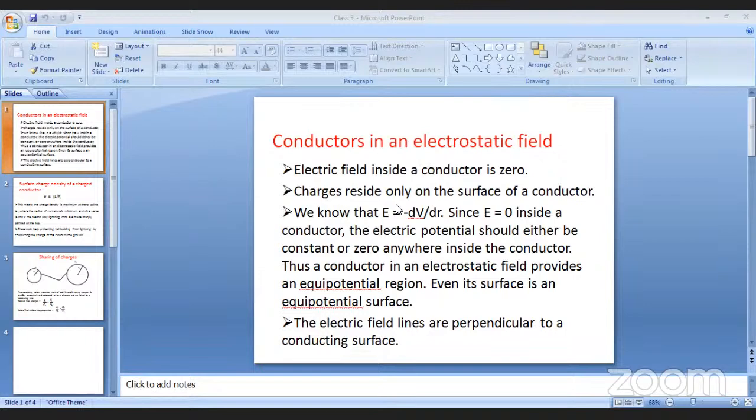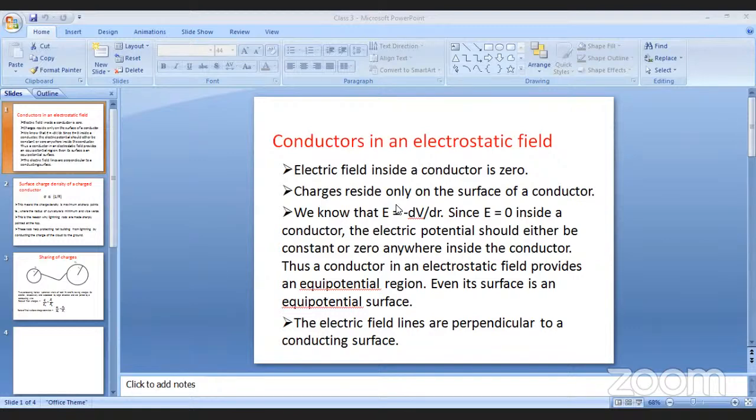So whenever you place a conductor in an electrostatic field, what happens actually? You know very well that conductors have a lot of free electrons, and whenever you place a conductor in an electrostatic field, the free electrons inside the conductor start moving due to the presence of the external electric field.